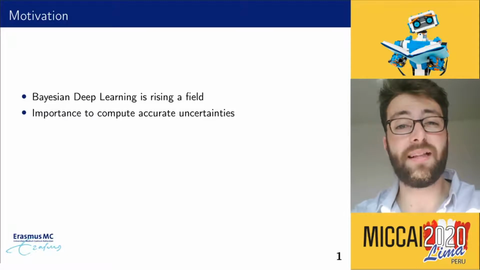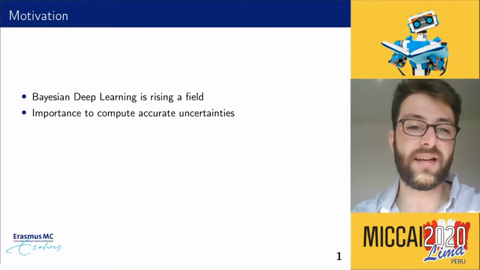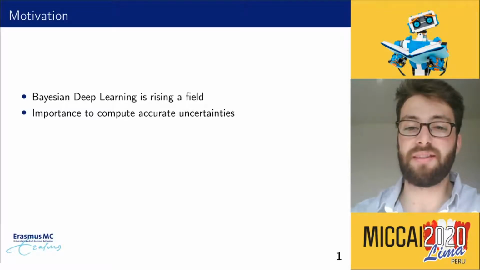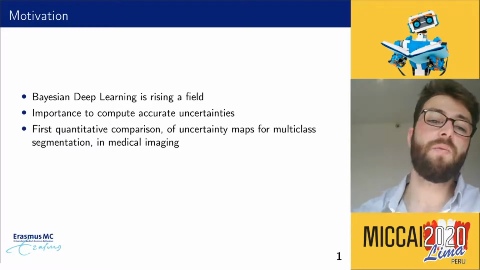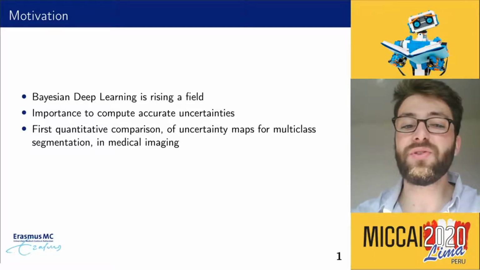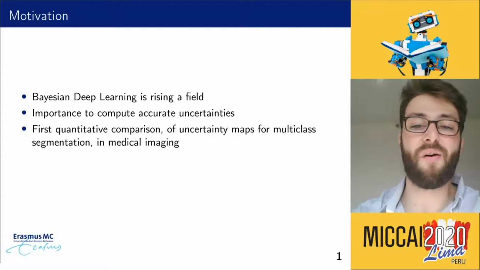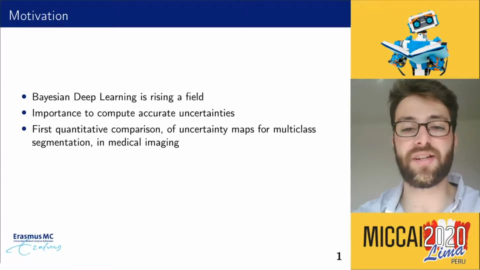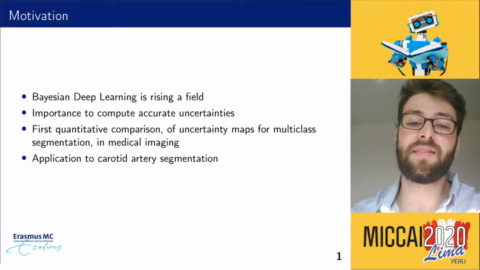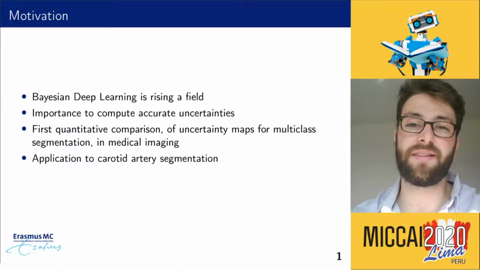And one of the main questions of scientists in this field is how to compute uncertainties accurately. So this is what motivated our research, which is the first quantitative comparison of uncertainty maps for multi-class segmentation in medical imaging. We applied this research to the segmentation of carotid arteries.